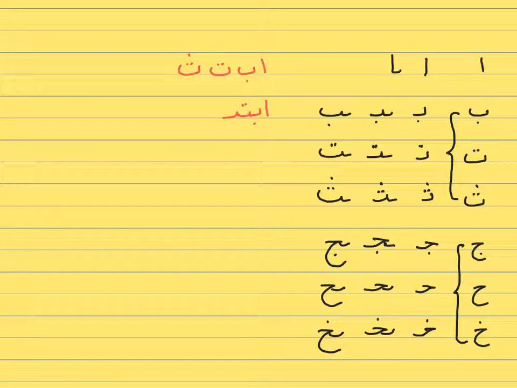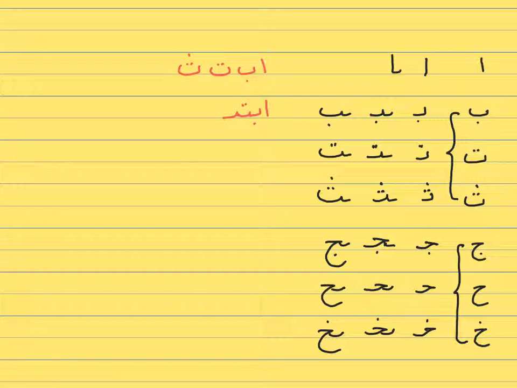If you look at alif, alif can be connected to the previous letter, so you draw the alif connected to the previous letter. So that is your ta, this is your ba, and this is your alif. And now you want to join alif to sa. Alif cannot be connected to the next letter. So what do you do? You leave a blank and then write the next letter, which is sa. Okay, so this is how you join ta, ba, alif and sa.